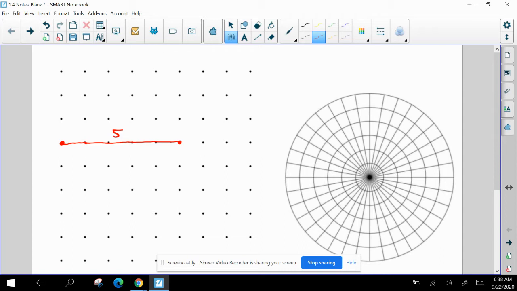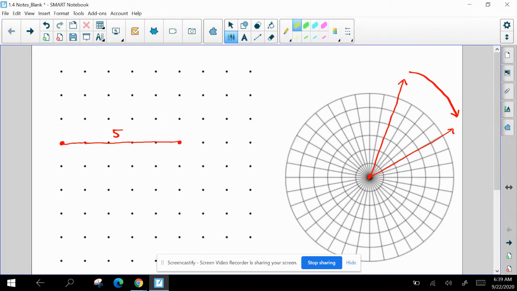With angles, you have two rays that make up an angle. You take one ray, and to measure the angle, you have to measure how far you have to rotate in order to get to the other ray, the other side of your angle. Something like this is how we measure an angle.